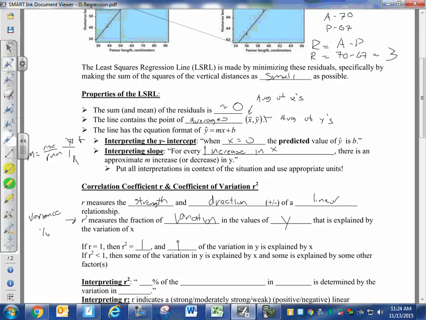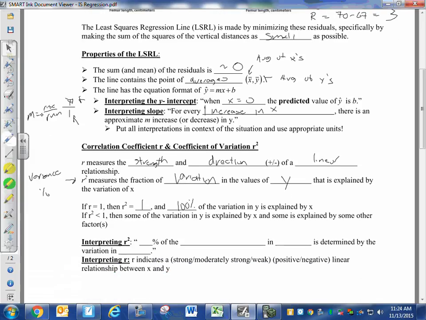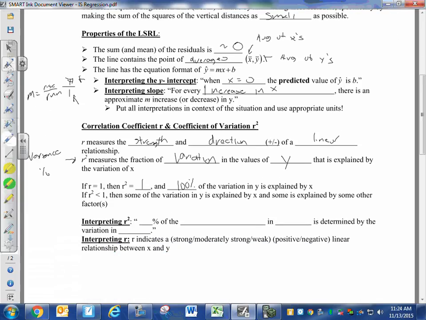And 100% of the variation of y is explained by x. If r squared is less than 1, then some variation of y is explained by x, and some is explained by other factors. Of course, there could be lots of other factors, even when r squared is 1. So, r squared is equal to some percent.